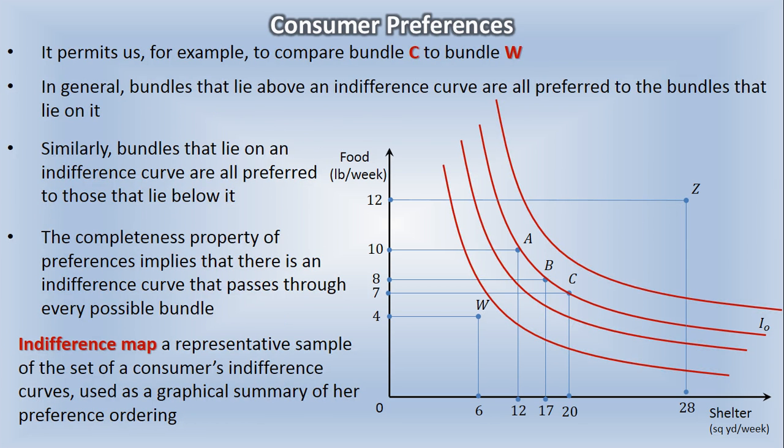And there are indifference curves everywhere, which embody the indifference map, which again reflects the preference ordering graphically. Indifference curves closer to the origin represent bundles that are less preferred to bundles on indifference curves further away from the origin.